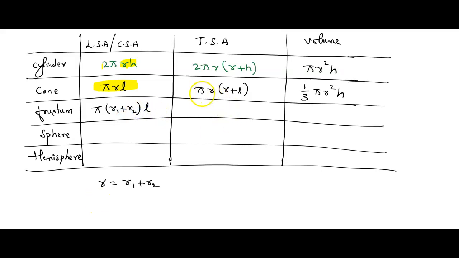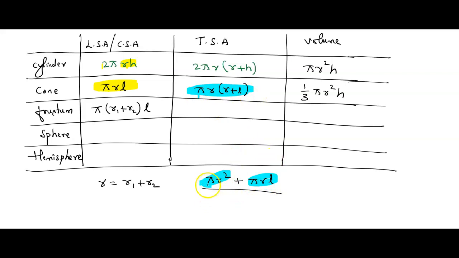Similarly, total surface area means pi r into r plus l. First you multiply this: pi r into r is pi r square, plus pi r into l is pi r l.